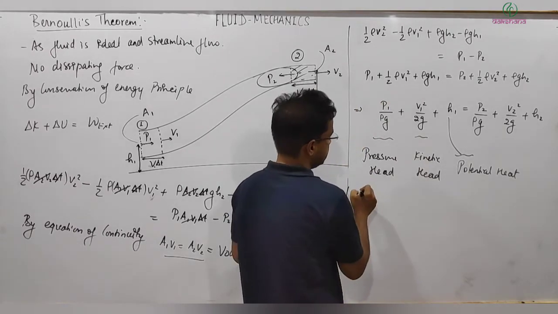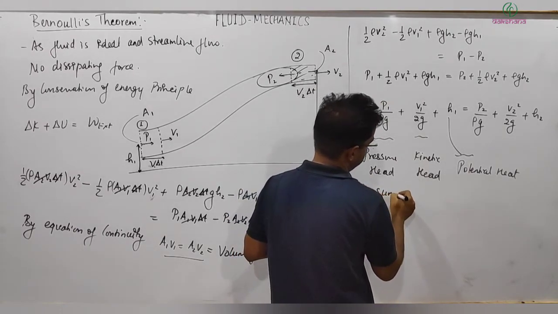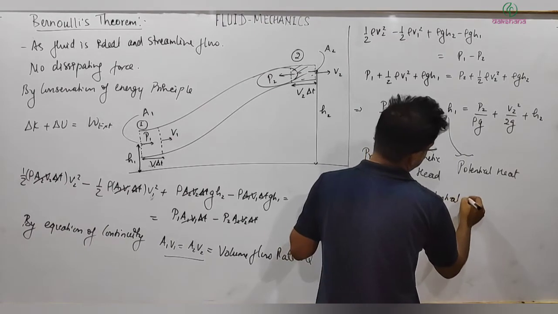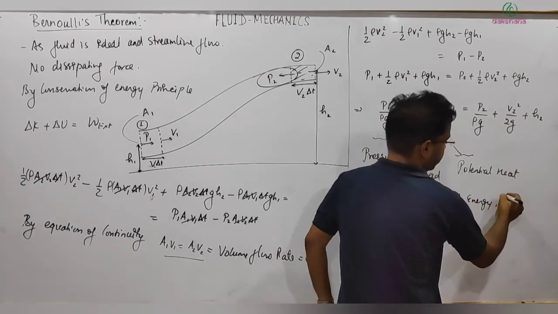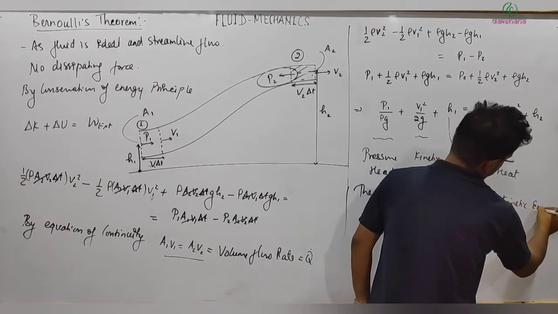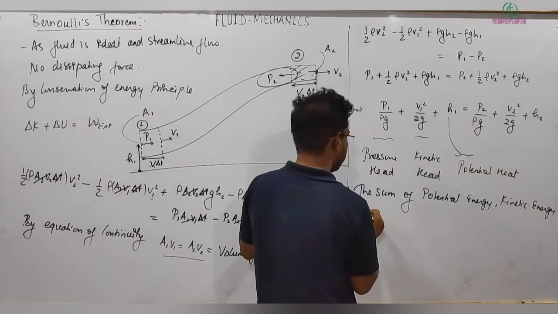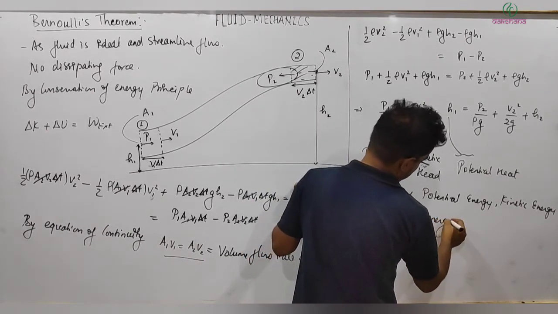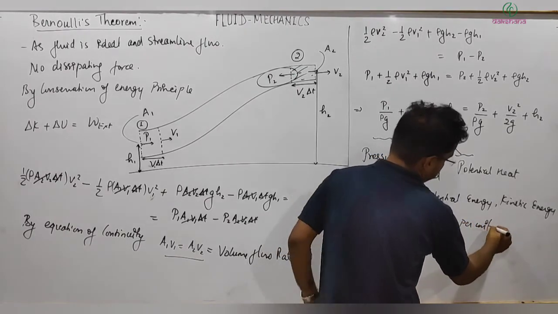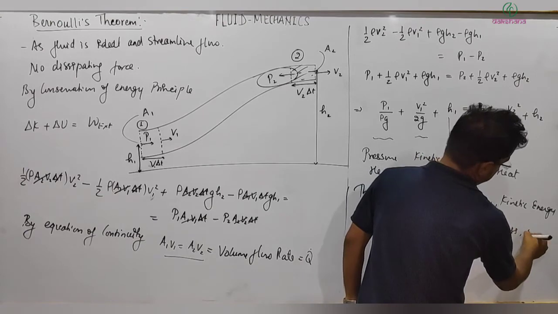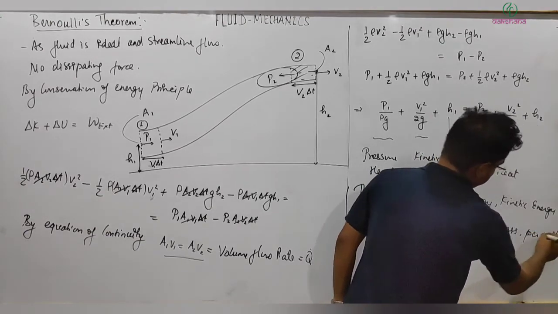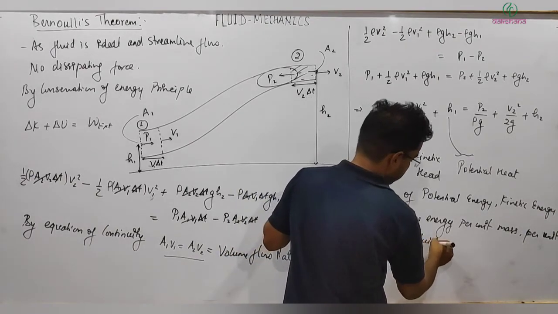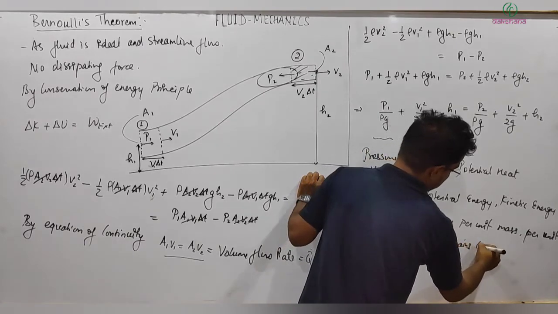Bernoulli's principle says the sum of potential energy, kinetic energy, and pressure energy per unit mass or per unit volume of fluid remains constant.